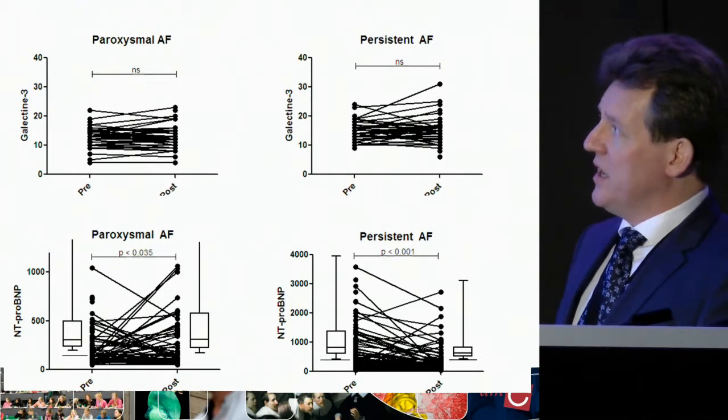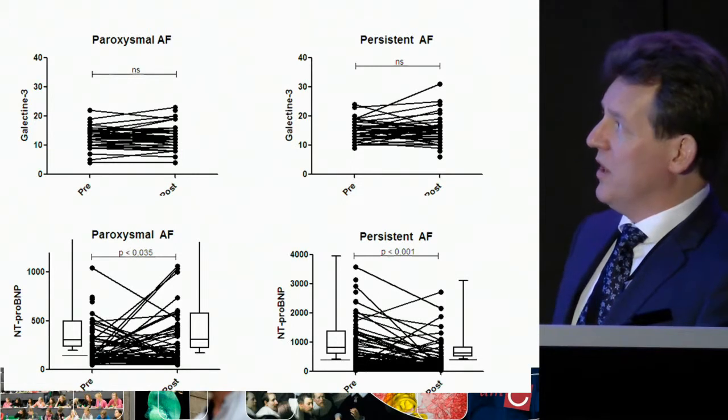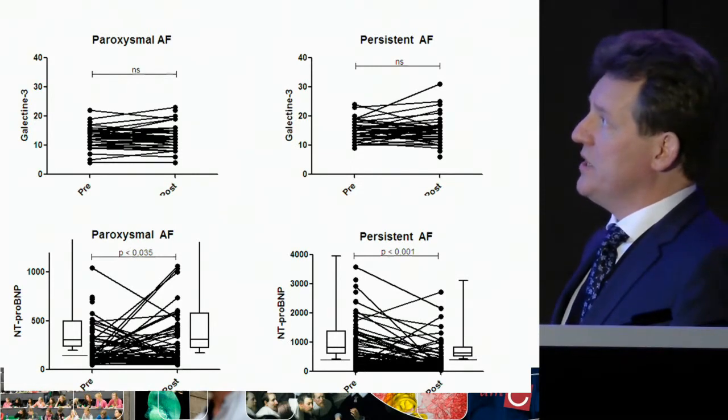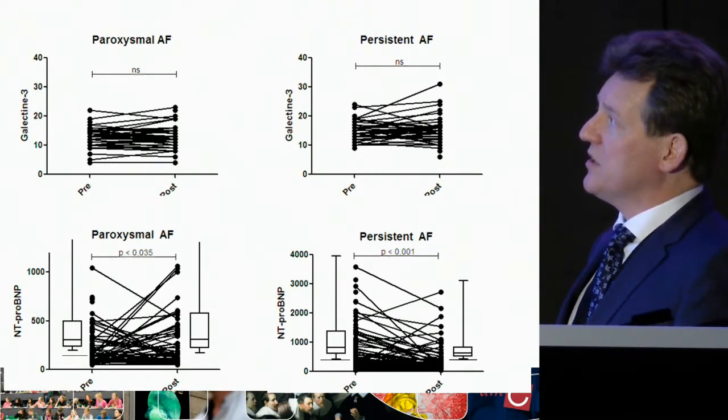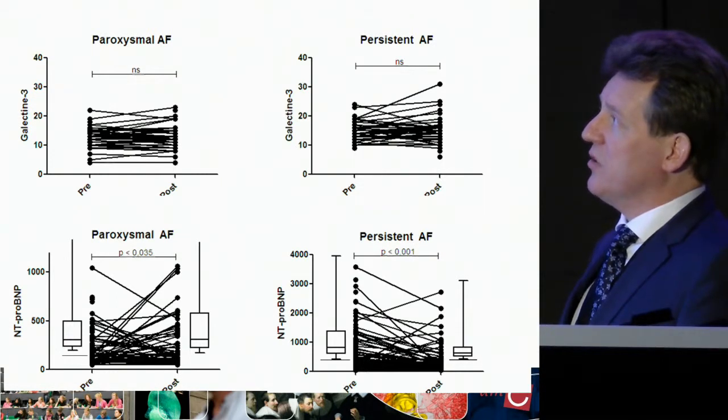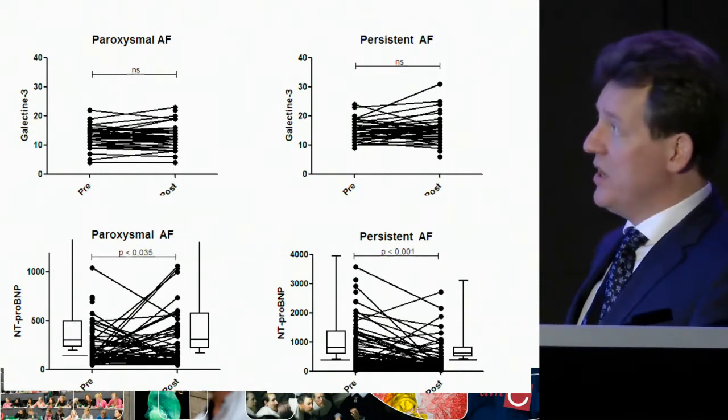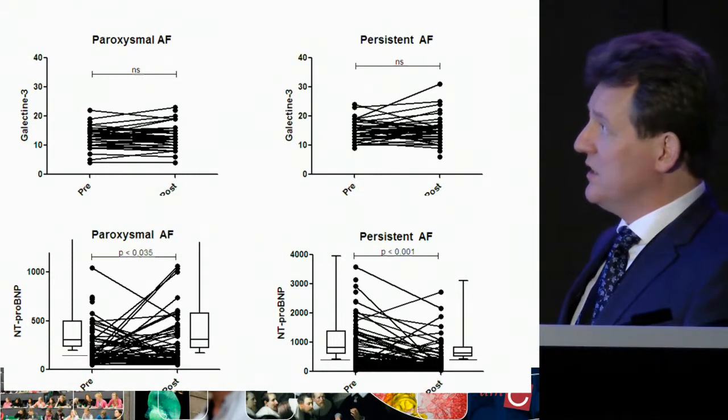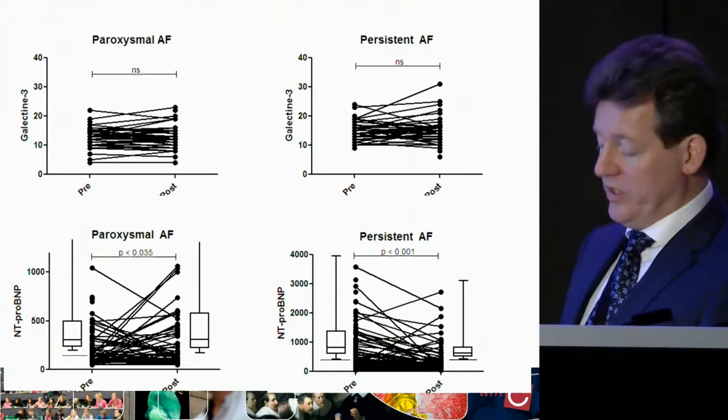On the other hand, in galectin-3, basically all effects can be seen. There are some patients in which it increases, there are some patients in which it decreases, and overall there's no significant difference. And the only thing you can really say is that it looks like the variation increases a little bit.